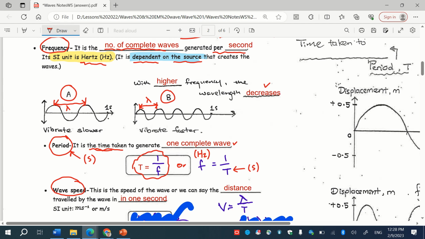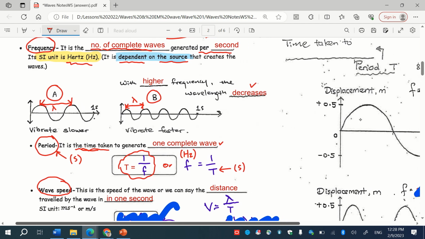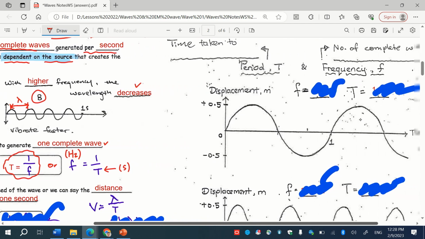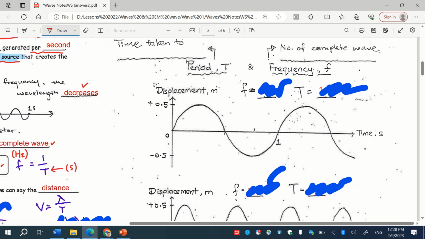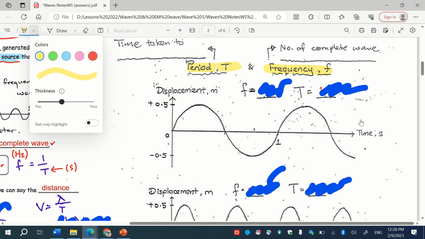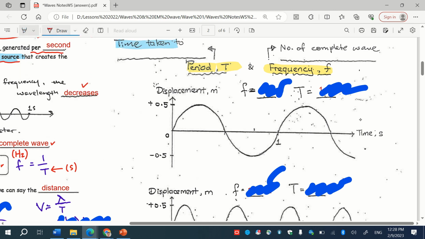Take a quick look at the relationship on the right hand side. Very quickly, we are going to study period and frequency. I highlight again: period is the time taken to produce or create one wave.